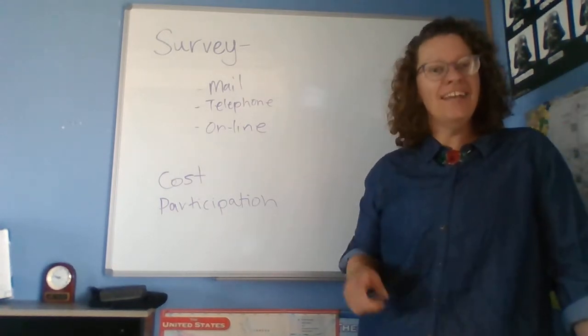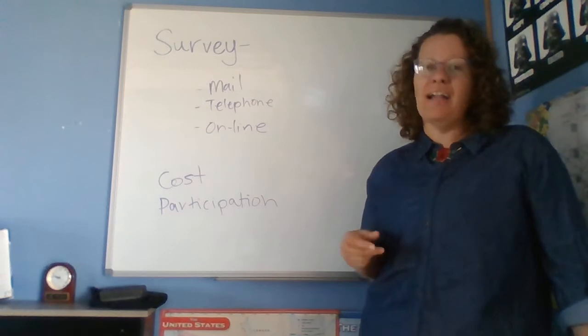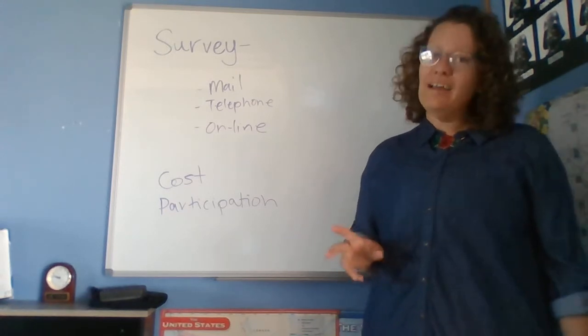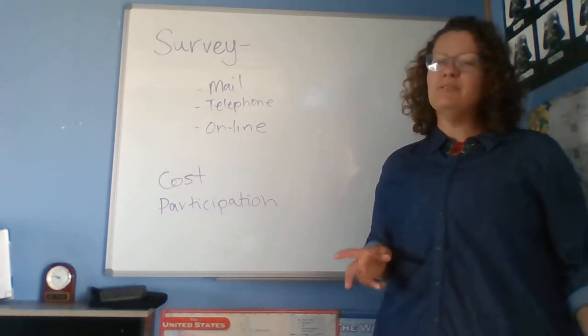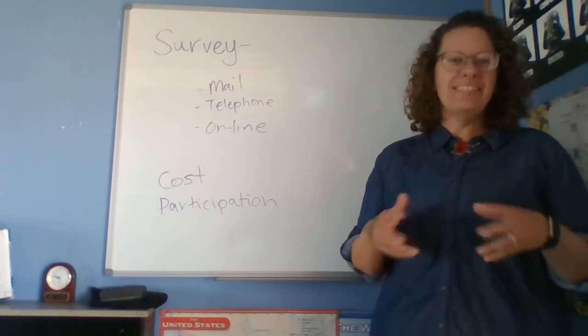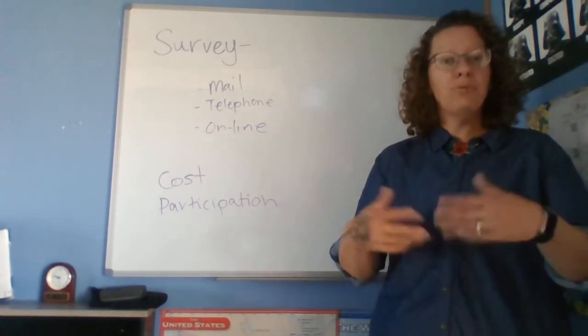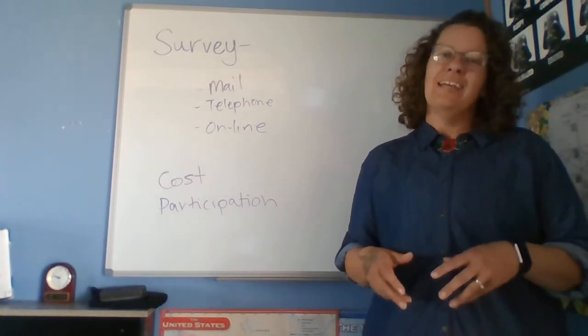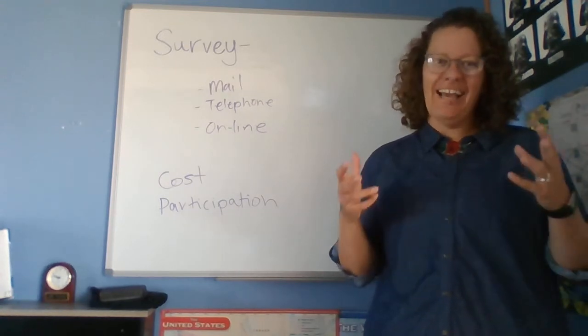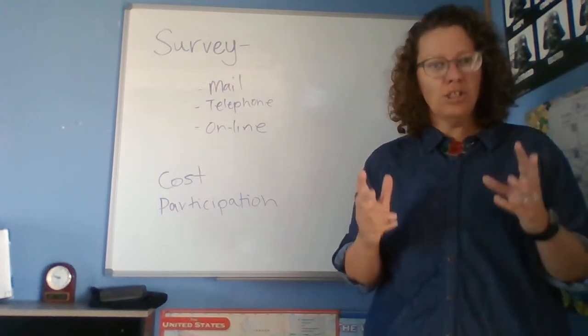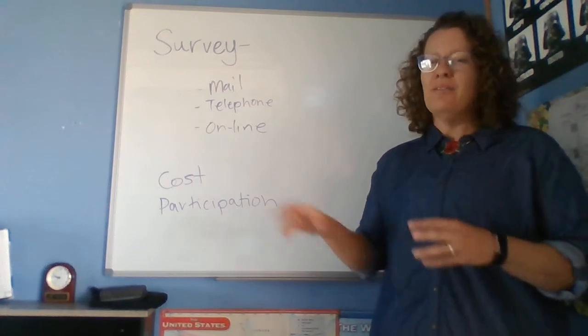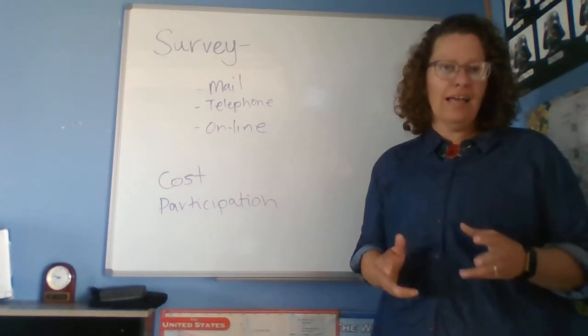Online is a good strategy to do a survey right now. The issue with online is that usually in sciences, we say we're not going to harm people through our science. But because we can't ensure security, sometimes there are some barriers to online surveys.